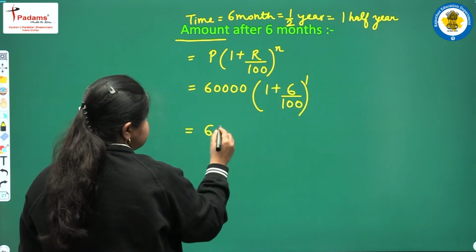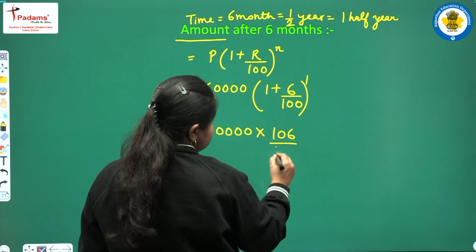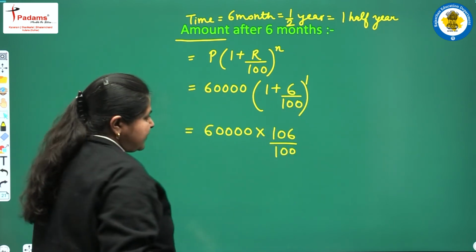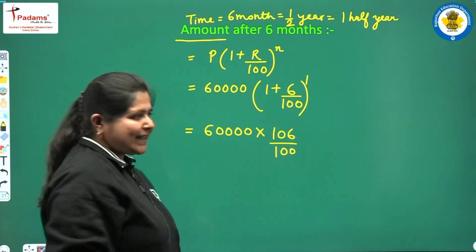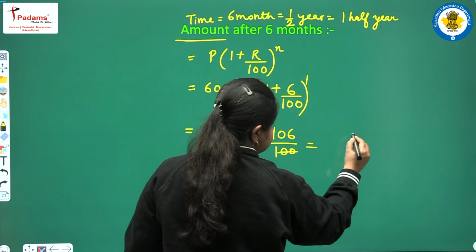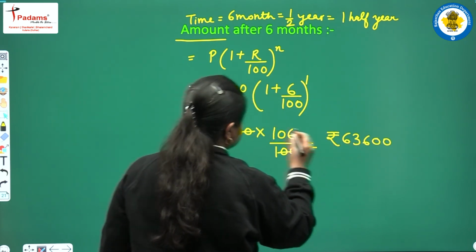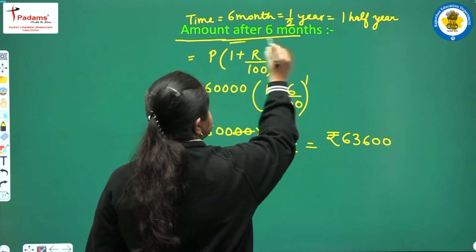This will give us 60,000 into, this can be written as 106 upon 100 on simplifying, and the power is 1 so we write it once. Cancel these two zeros. This will give us 6 6s are 36, 6 1s are 6 and 2 zeros. So this is the amount at the end of 6 months.